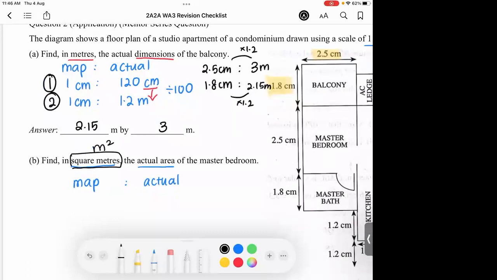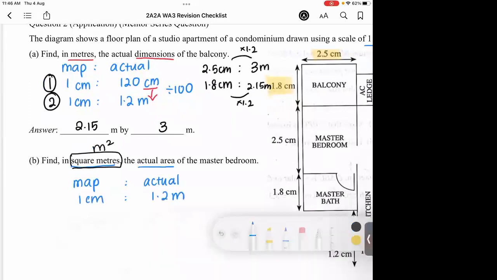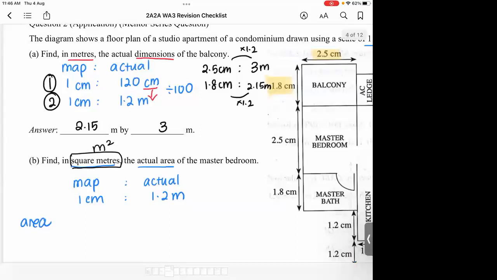Or you can type in your chat group and let me know the answer. 2. Yes, thank you very much. So we use 1 cm is to 1.2 meters. Next thing, how do we get area? What do we need to do in order to get area? Anyone? What to do to get area?